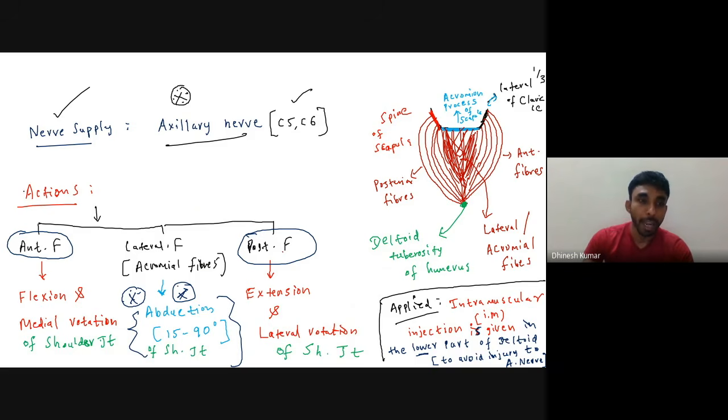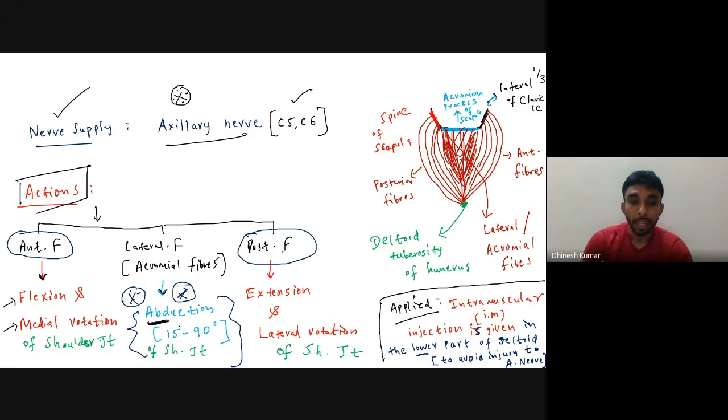Coming to the actions of the deltoid muscle. All the three sets of fibers of deltoid have different actions. Anterior fibers cause flexion and medial rotation of the shoulder joint. Middle fibers, or acromial or lateral fibers, are located laterally, right? So when they contract, they will cause lateral movement of the shoulder joint. What is the lateral movement of the shoulder joint called? Away from the midline? Exactly, abduction of the shoulder joint.